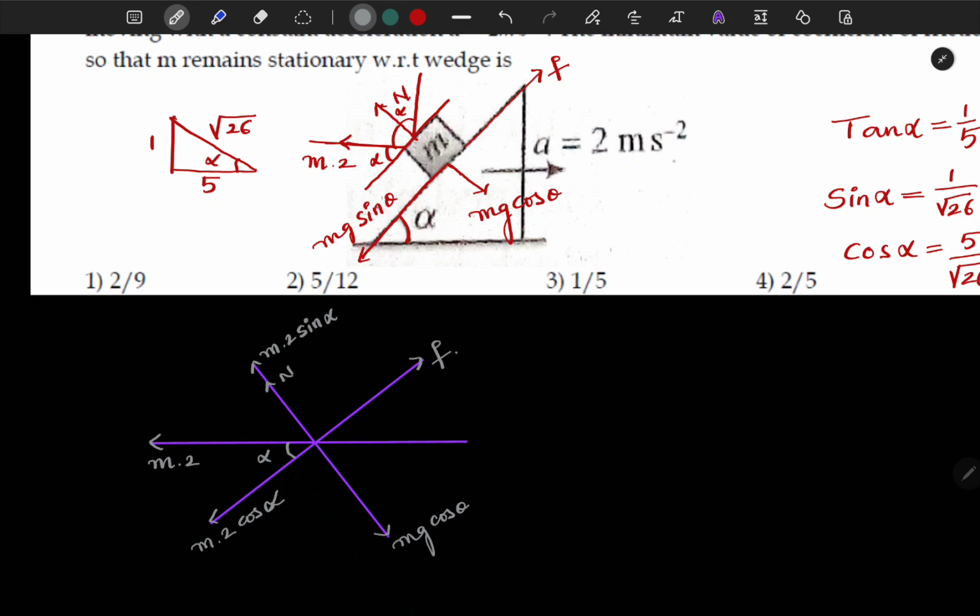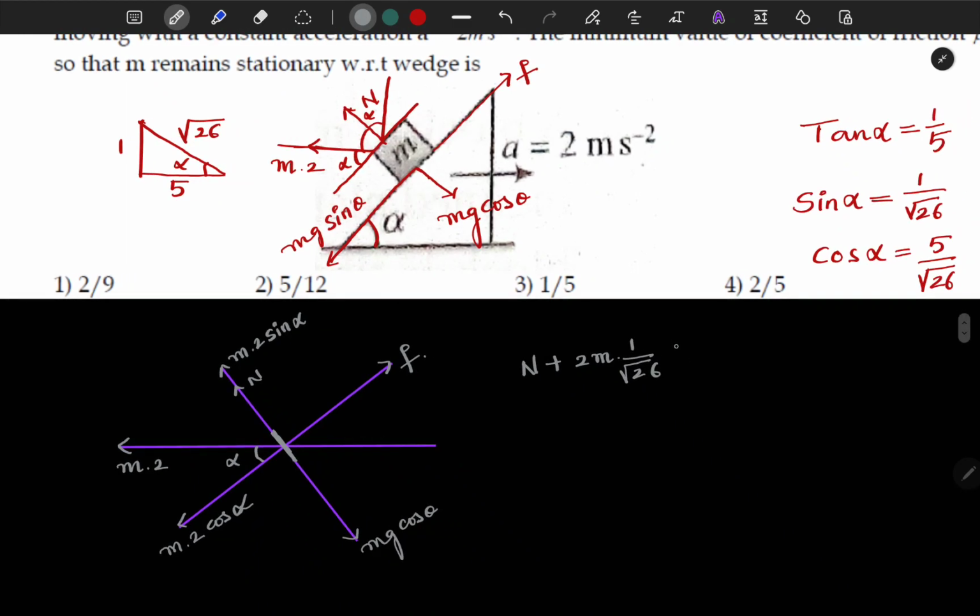First of all, we will find out the normal force by equating the vertical equilibrium. So you have N plus 2m sin alpha, which is 1 by root 26, is equal to mg cos alpha, which is 5 by root 26.